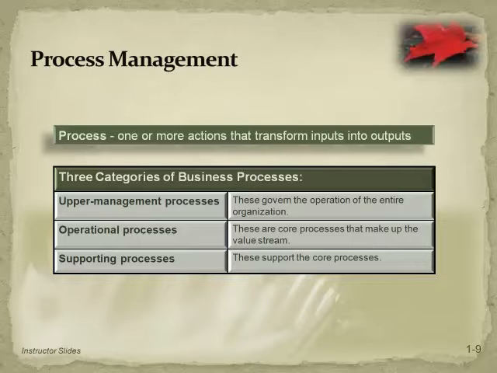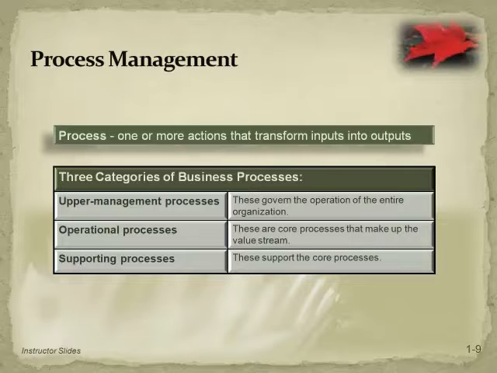The middle level is the operations process. That's what we're interested in. Those are the processes that are going to be producing or creating the goods or the services that our company works in. And then finally, we have supporting processes. These are processes that are going to be supporting the core processes.